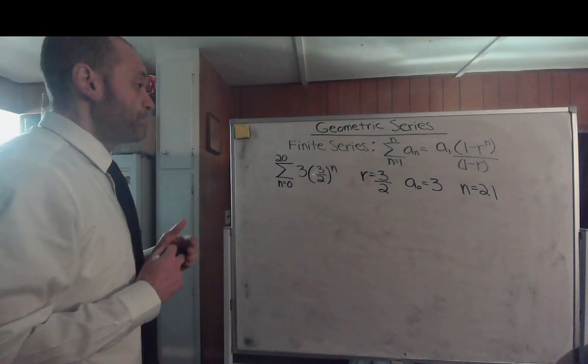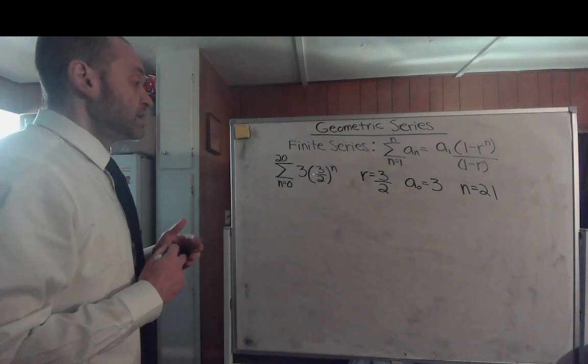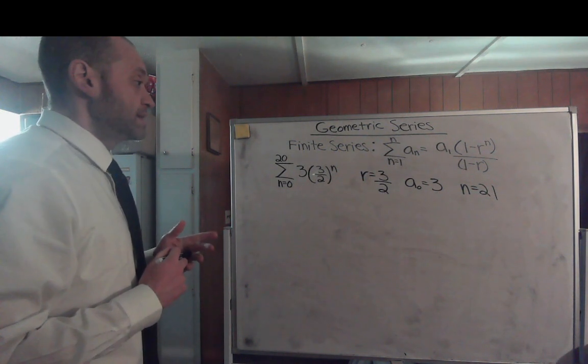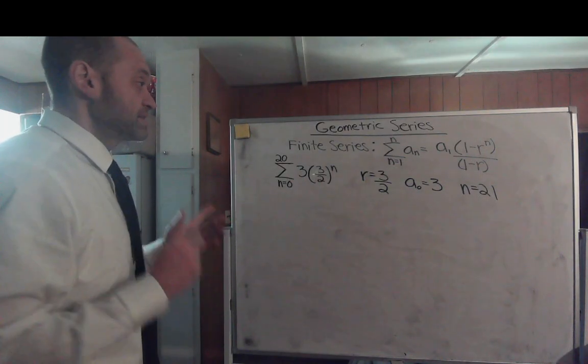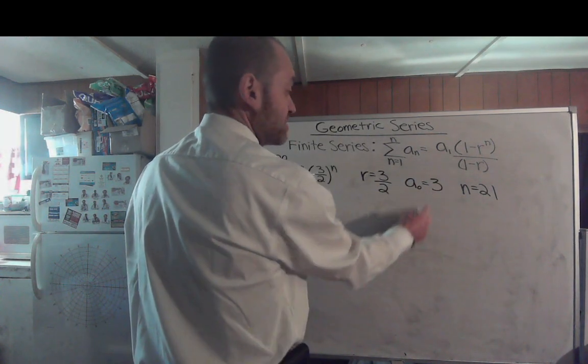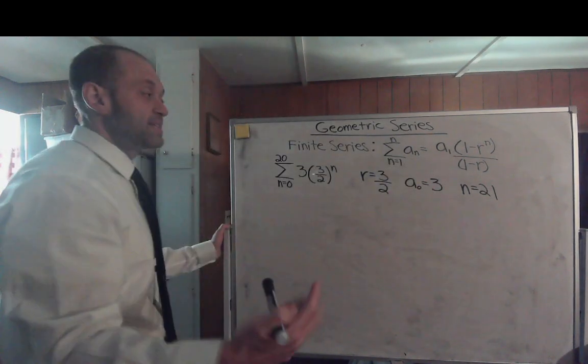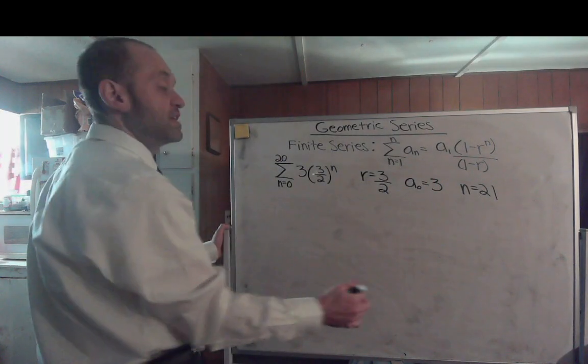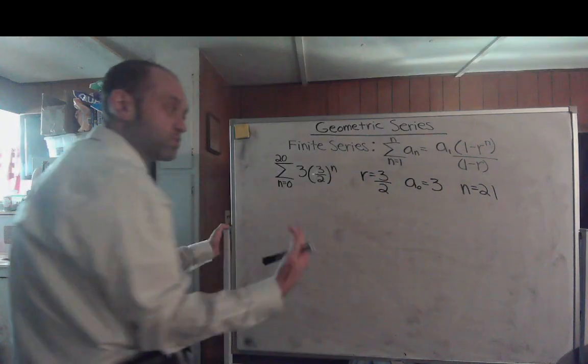Okay, so let's now go ahead and find the sum. Instead of a sub 1 for the sum, you can just put in a sub 0. Really, it's the spirit of the same formula. It's always really your first term is what you're putting in.